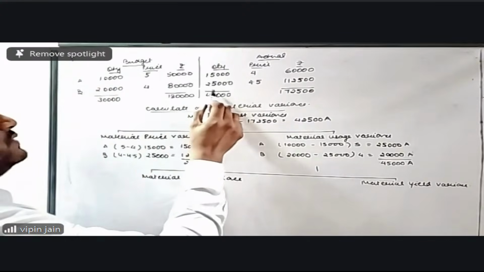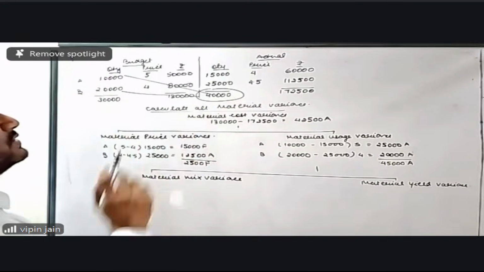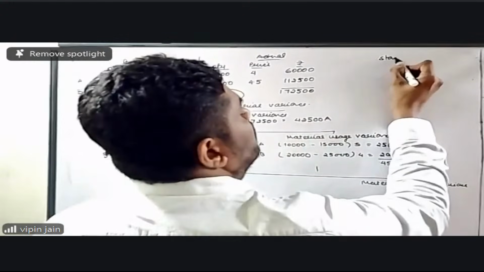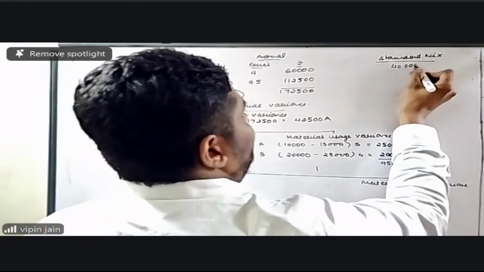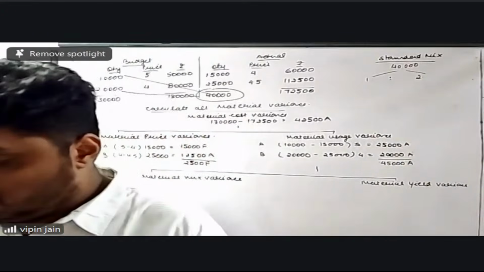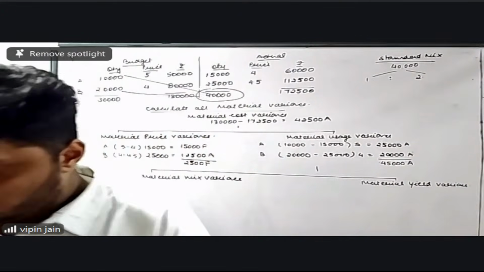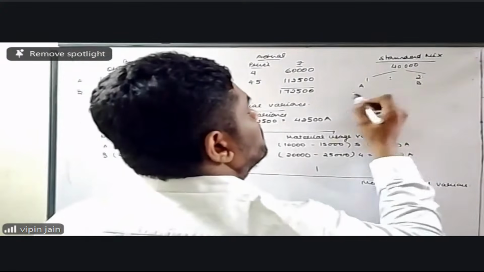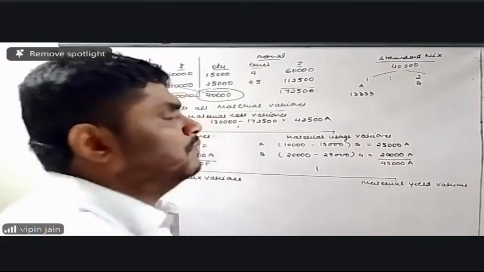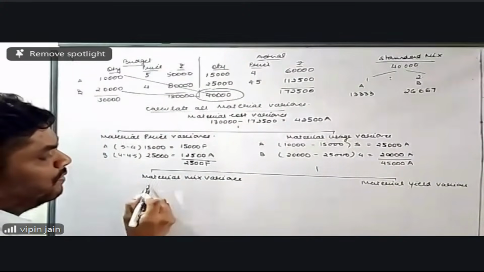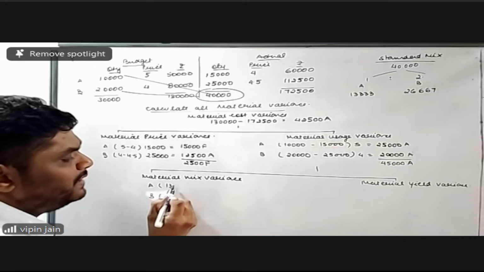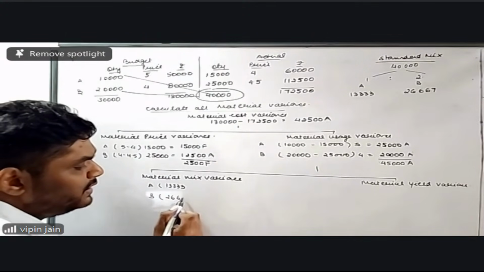When talking about the mix variance, very simple. 40,000 is my input. This should be in the ratio of 1:2. So my mix should be 13,333 and 26,667.